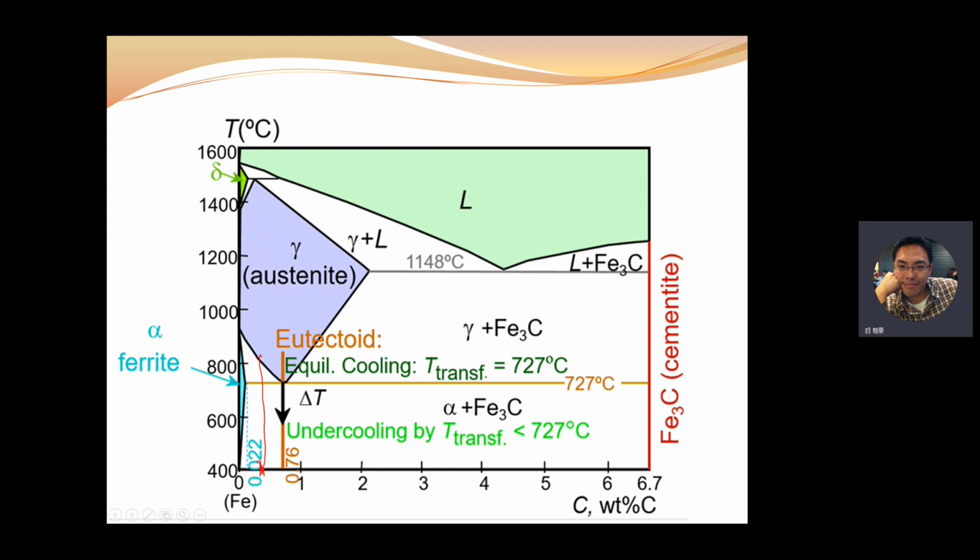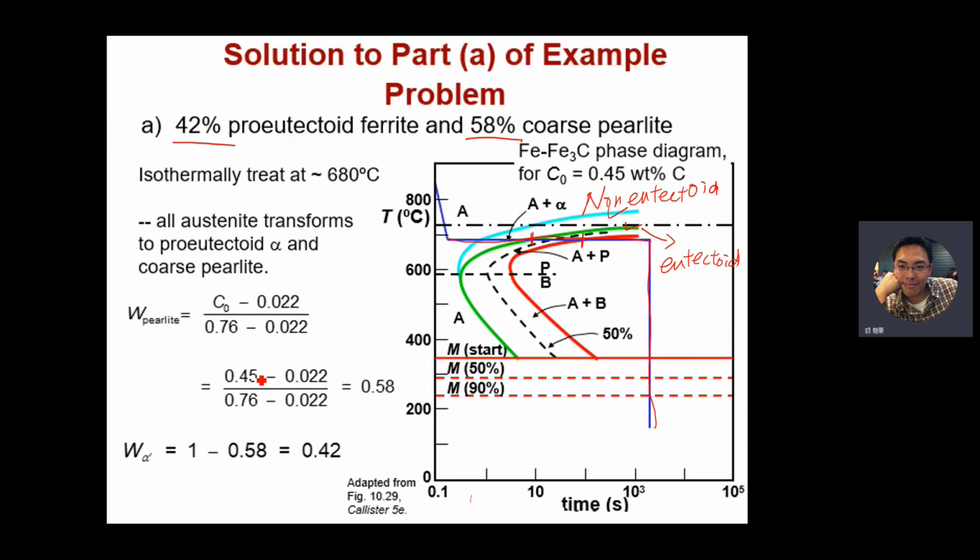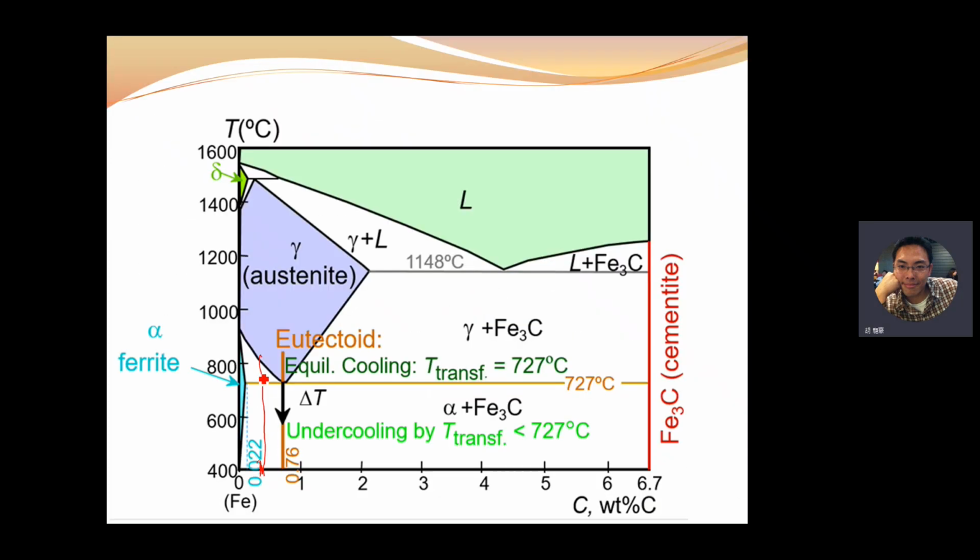Then we can use the lever rule to calculate the weight fraction of each phase. What's the transformation temperature? 680, so it's about right here.